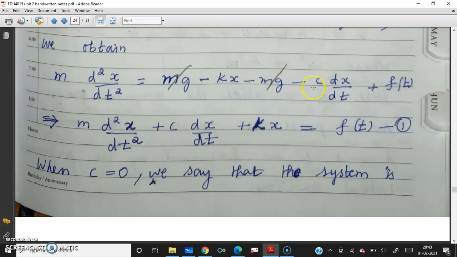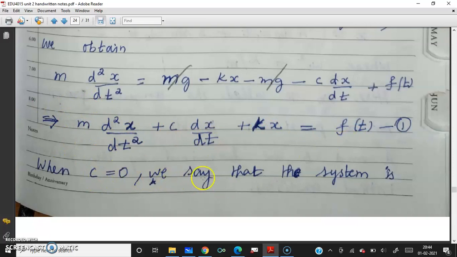The damping force is minus c into dx by dt, and the external force is f of t, right? So mg gets cancelled here, leaving f of t, and we take the others to the left hand side. m into d square x by dt square plus c into dx by dt plus kx equal to f of t, that is equation 1.